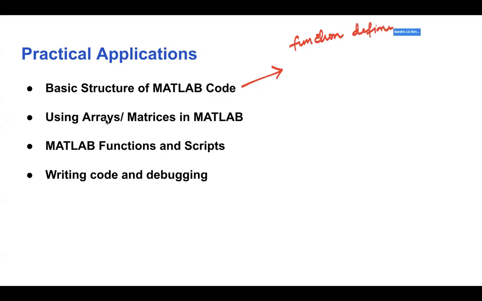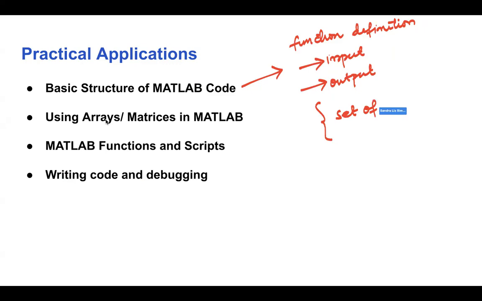In this, there are two aims. One is to pass on variables, that is inputs. Then we had outputs, and then we had a set of statements, and then we had the end. So this was the basic MATLAB structure for a function.